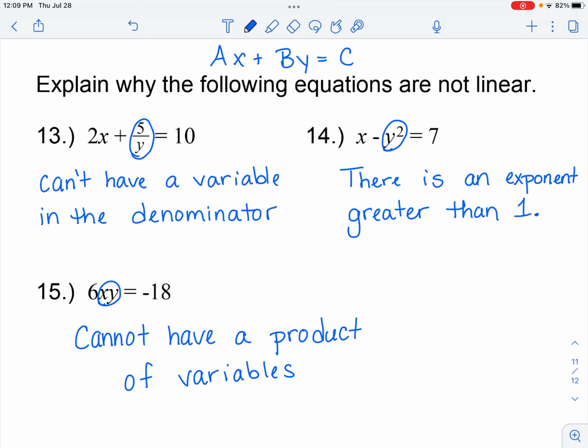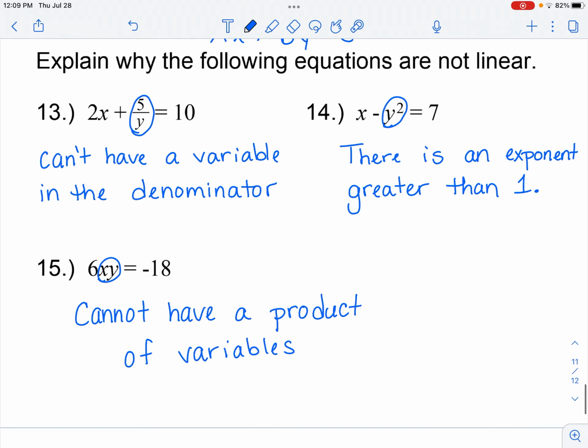And again, we'll talk about why that is later. That's something to come way down the road. But right now, it's got to be able to be written as ax plus by equals c in order to get a linear equation, okay?